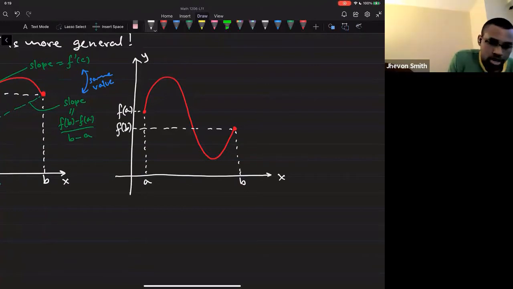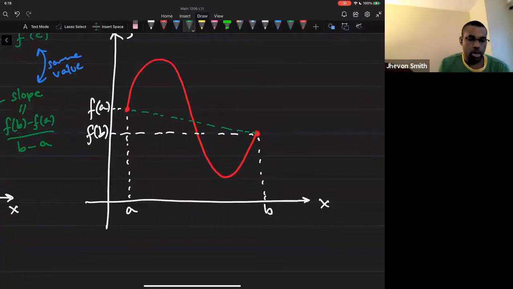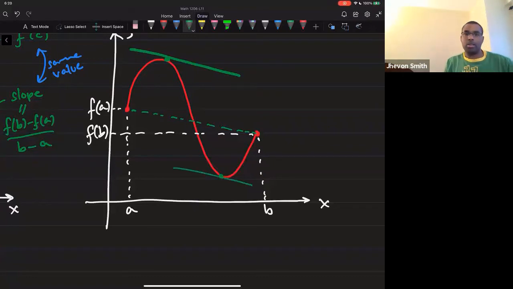But I can find the average rate of change, which is going to be just connecting the first and last points. But notice that I will be able to find multiple coordinates where the tangent line is parallel.